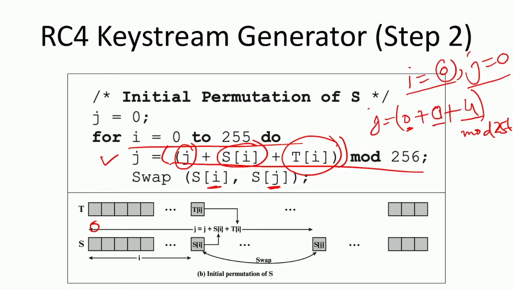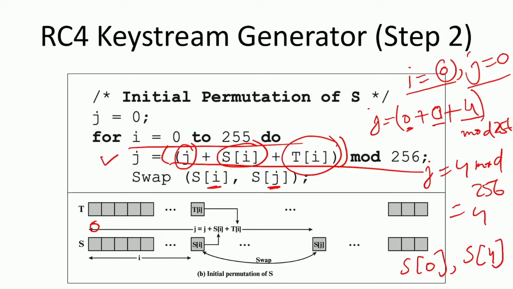This is whatever is the first byte of the key. Okay, so this gives us j is equal to 4 mod 256, which is equal to 4. Right, so what we're going to do is we're going to swap S at 0 with S at 4. So basically whatever we have here will come here, whatever we have here is going to come here. And then we keep doing it.